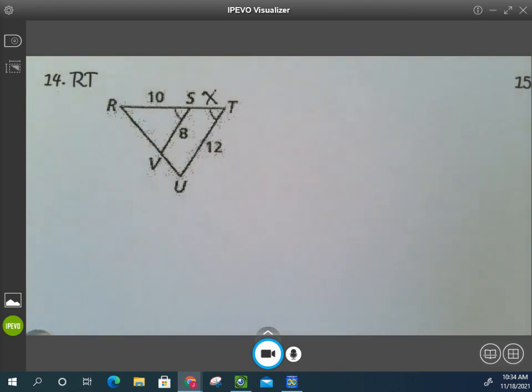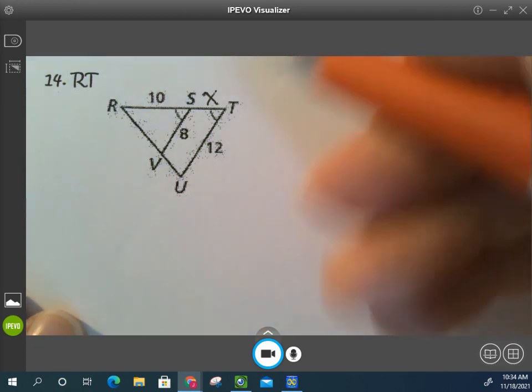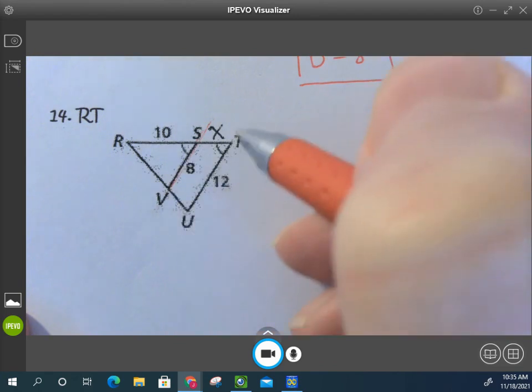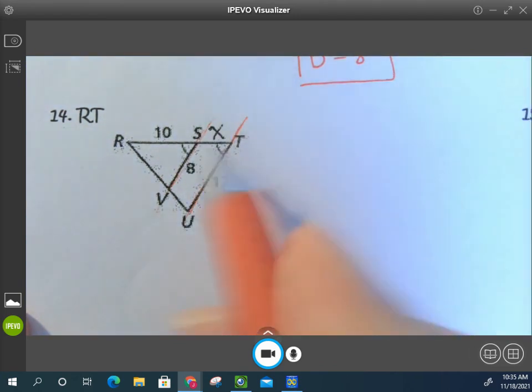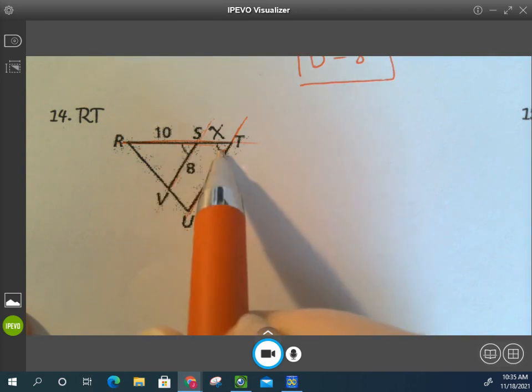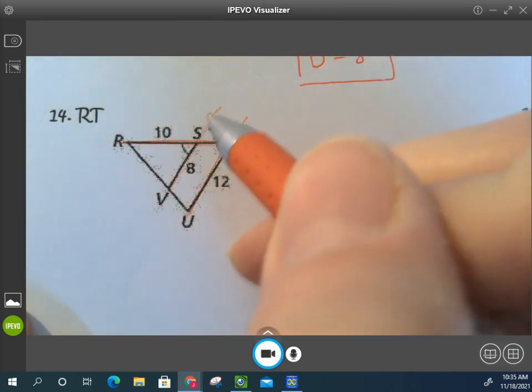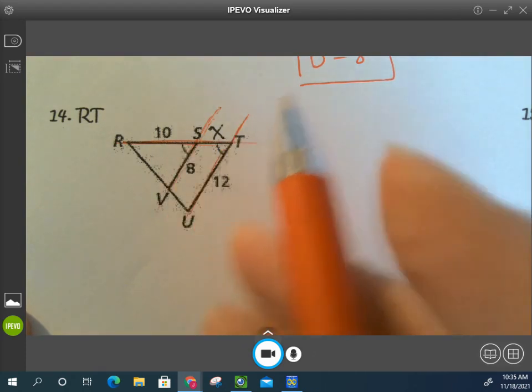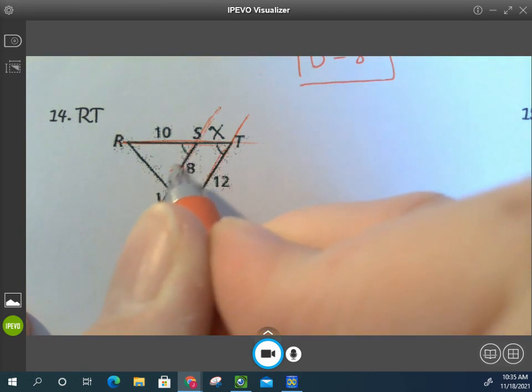Okay, number 14, there's a lot going on here. There's something that I don't know if you guys picked up on. If you look at these two lines, they're not marked parallel, but I can tell you they are parallel. So look at these two lines cut by this transversal. These are corresponding angles. And if corresponding angles are congruent, then I have parallel lines.